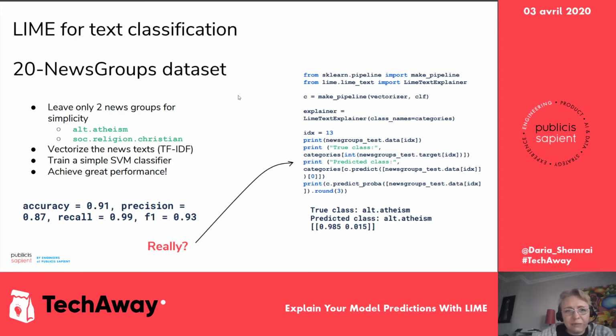Just to simplify my task here, and for illustrative purposes, I left only 2 newsgroups. So we will not make a classification for 20 classes. It will be just 2 classes.